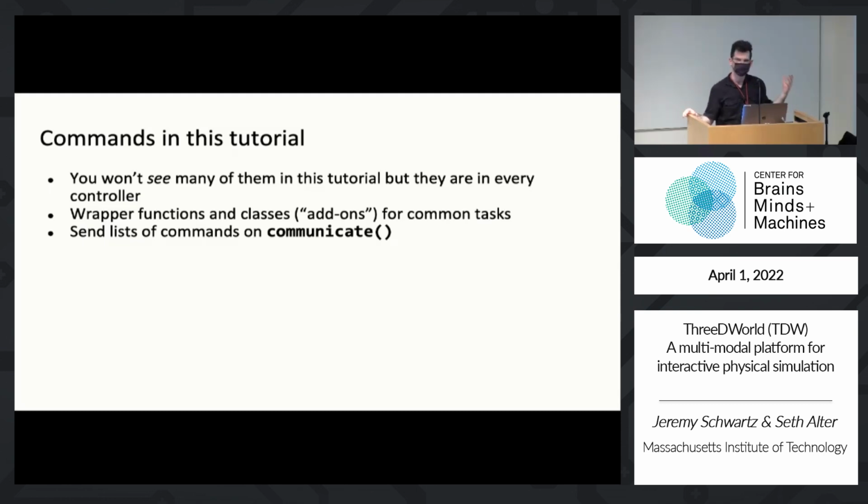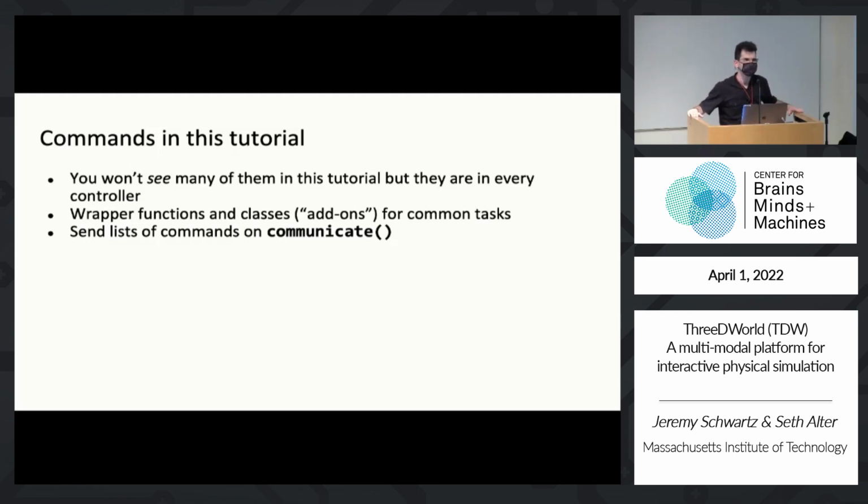As Jeremy mentioned, if you wanted to simulate a robot arm, we could send a command per joint, like 12 or 24, however many commands per frame, on the same frame, and they would all execute at the same time. So we can build complex behavior out of these very atomic, low-level commands.